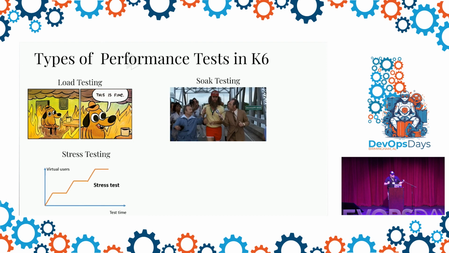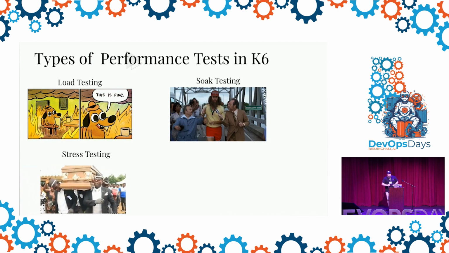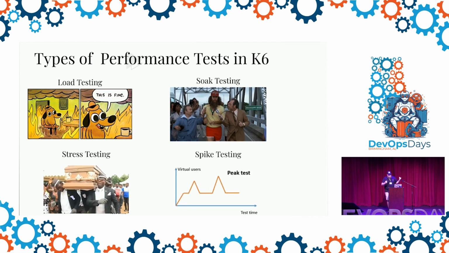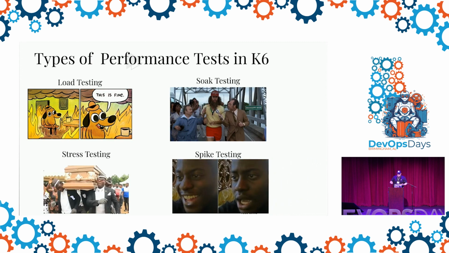Now we've got stress testing. This is where you ramp up, see how your system performs, ramp up again, see how your system performs, ramp up again, pretty much until your system crashes and fails. Hopefully y'all can imagine the music going on, right? And then we've got spike testing. We're gonna put a lot of traffic into a system, and then come back down, and that's a lot like this guy where it's like, hey, things are good, whoa, things are not good, and things are good again, and things are not good.